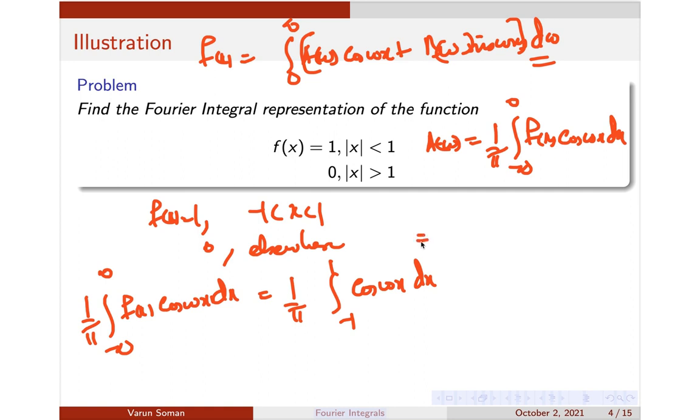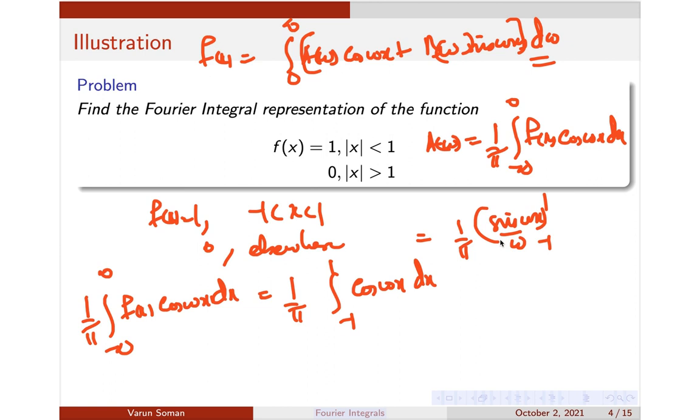The value is 1 by pi into sin omega x by omega in the limits minus 1 to 1, because the integral of cos omega x is sin omega x by omega.